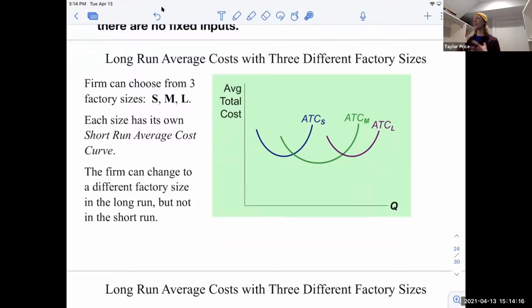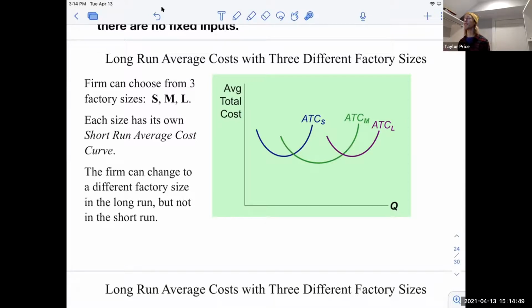So now that we're thinking about long run costs, let's think about long run average costs. When we think about long run average costs, it's frequently important to think about the quantity produced, because you usually have situations where a firm is going to stay a certain size, and so they have costs based on that size.